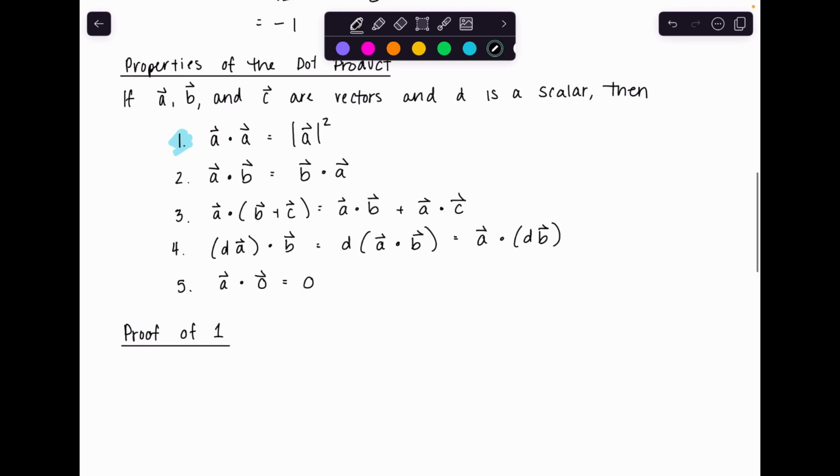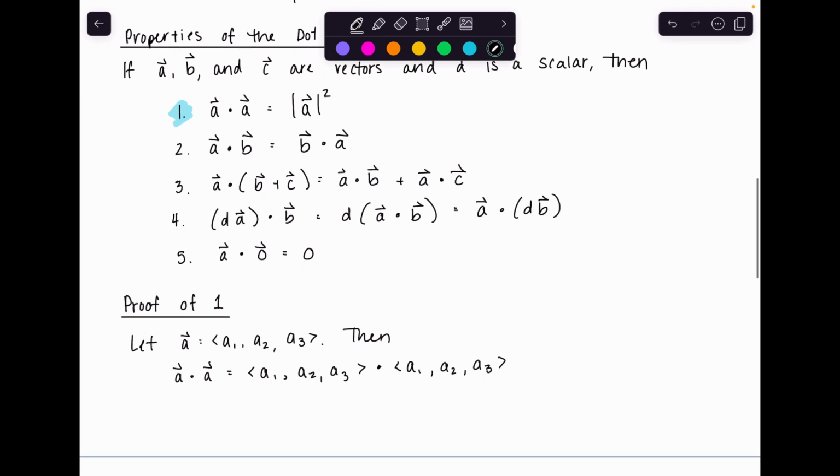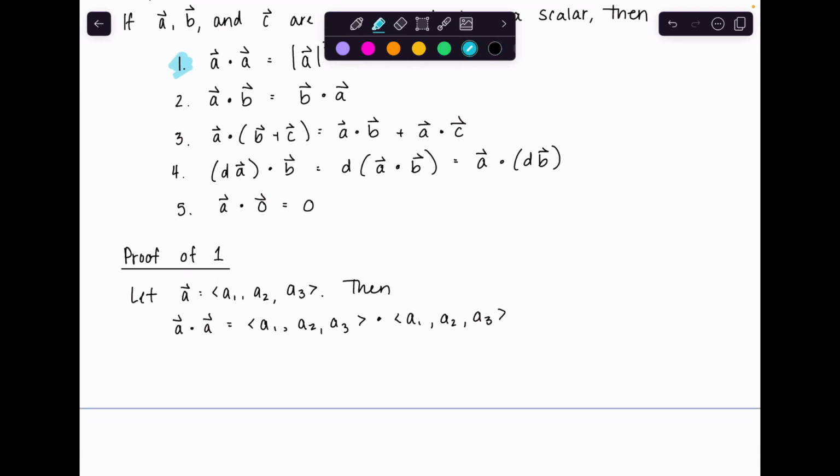So let's let A have the components A1, A2, A3. Then if I take the vector A and dot product it with itself, that means I'm doing A1, A2, A3 dot product with A1, A2, A3. And then I'm going to multiply like components.